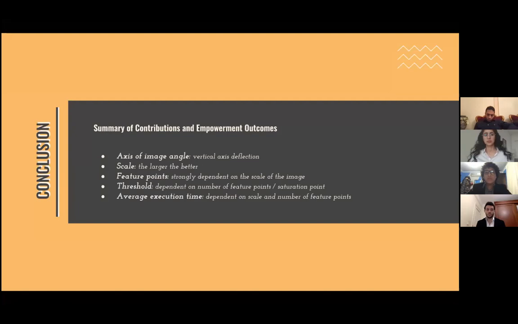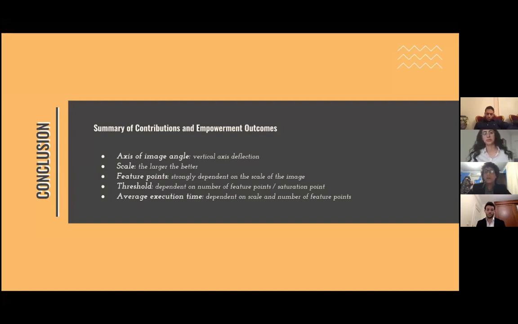Feature points strongly depend on the scale of the image, because as we saw, some limitations were due to the scale, so the feature points were limited. The threshold is dependent on the number of feature points.